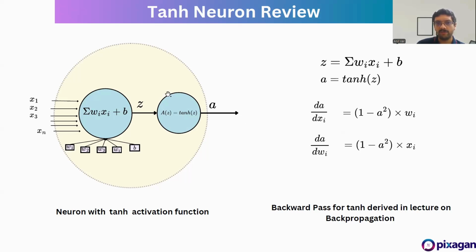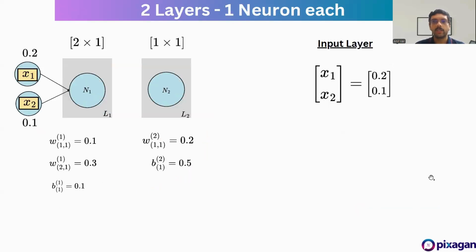The derivative of the output of the neuron with respect to the weight is again 1 minus a square times the corresponding x or input. And the derivative of the output with respect to the bias is just 1 minus a square because the local derivative here is 1. So this is just a refresher, because when we go through the theory now, I'm not going to show you every step. I'm going to assume you remember this and you can work it out.